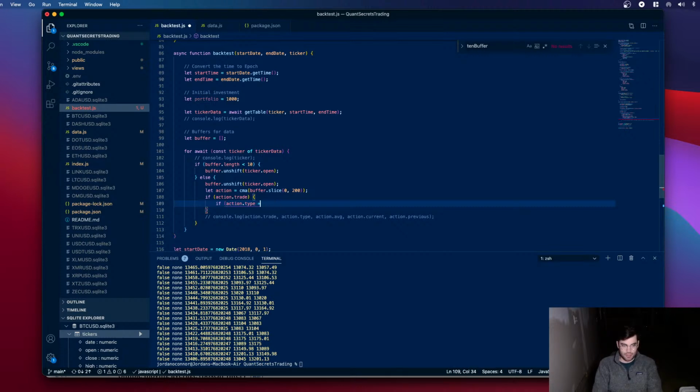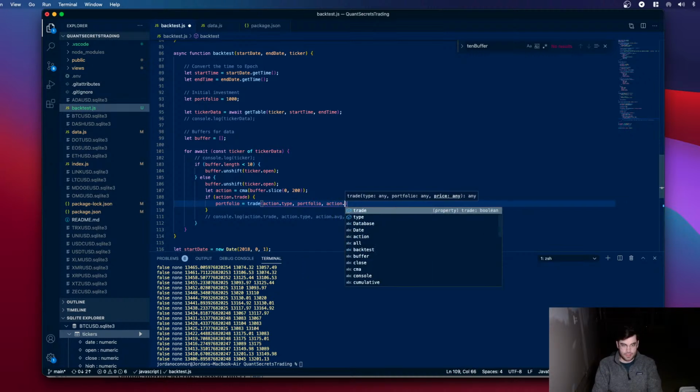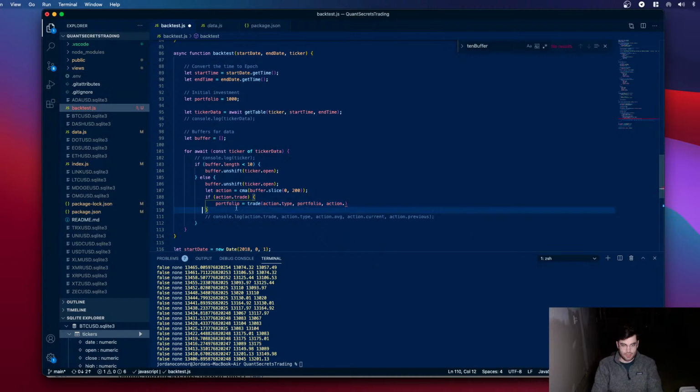Actually, I can just pump that into the function, so it'll be portfolio equals trade action dot type, portfolio, and then action dot current.